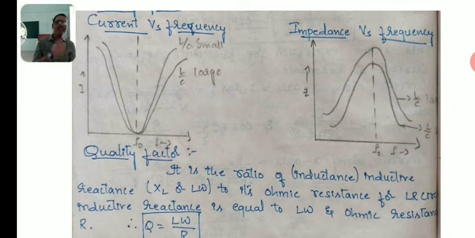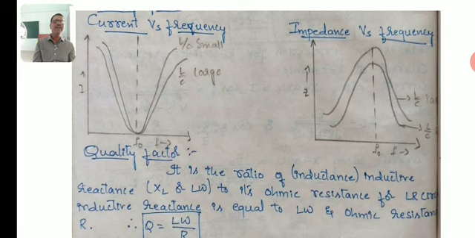Similarly, impedance versus frequency. If we plot impedance versus frequency, then initially as the frequency increases, the impedance goes on increasing, then it reaches the maximum value under the resonance condition. The corresponding frequency is called the resonance frequency.